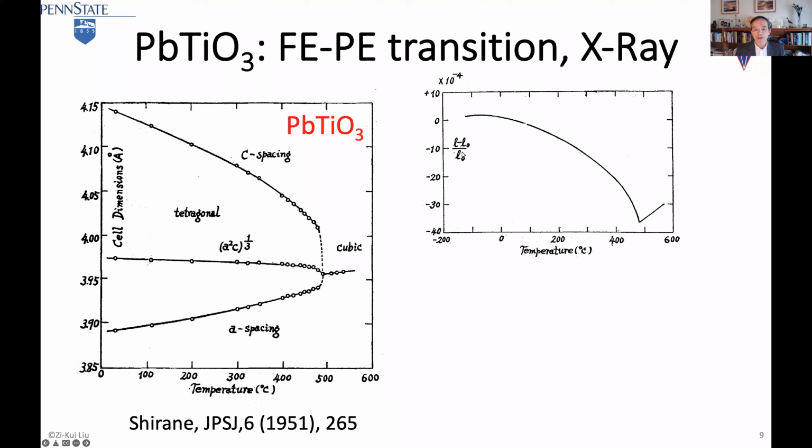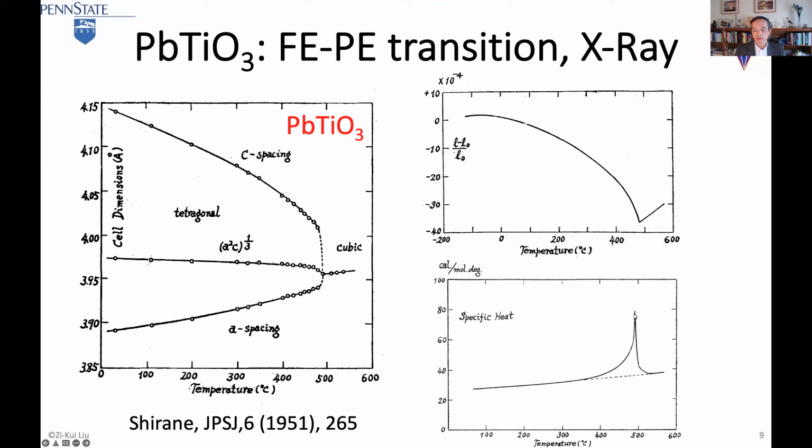You see this is the linear thermal expansion: the length is decreasing as a function of temperature in the tetragonal region, and when it becomes cubic, it increases. We also talk about heat capacity, the entropy derivative with respect to temperature, and you see that it diverges here. The heat capacity diverges at the transition temperature and then goes back down.